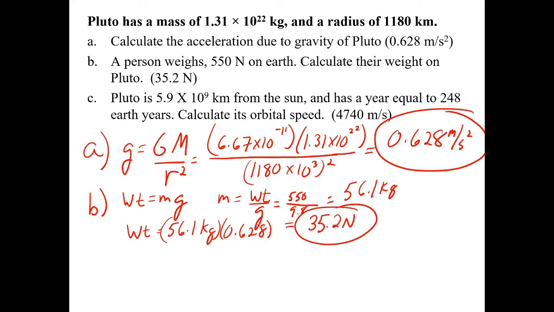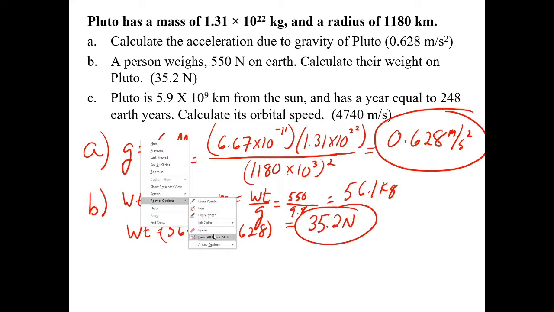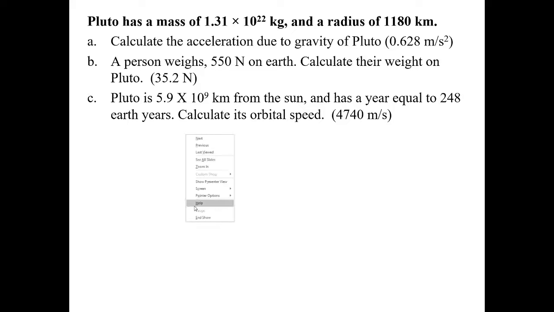Much, much less. Now, let's do the last problem, but I need a little more room here on the slide. So if you need to see any of this, go back and just watch that part of the video again. Move the little slider back. Here's the sun. We want the orbital speed.